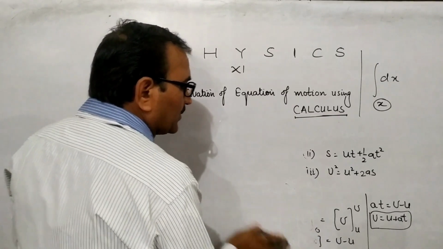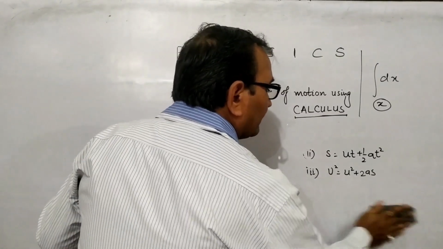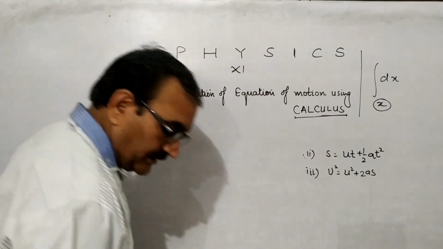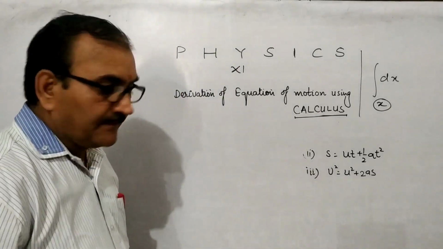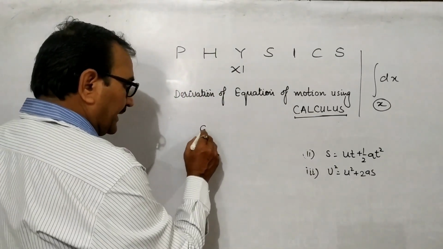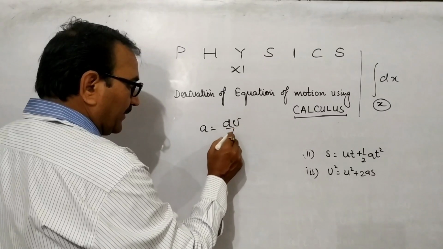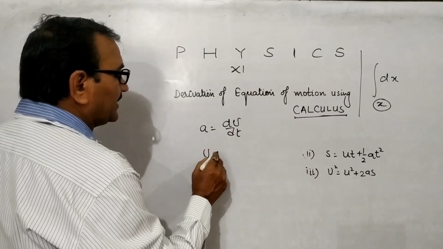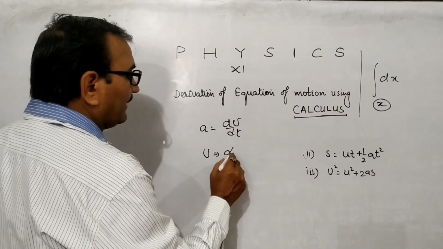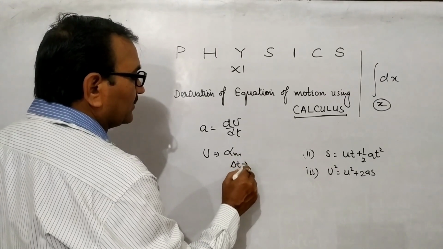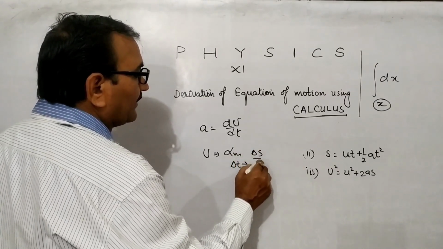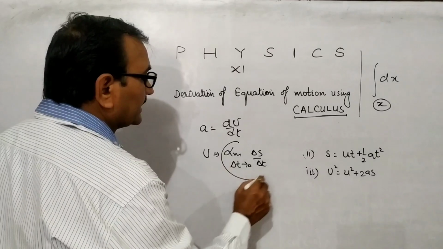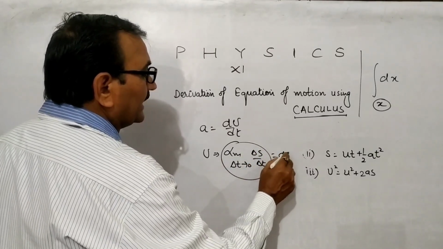In the second equation of motion, here we use the term velocity. Just like a is equal to dv upon dt, in a similar way velocity can be represented as limit delta t tending to 0 of delta s upon delta t, and this is equal to ds upon dt.